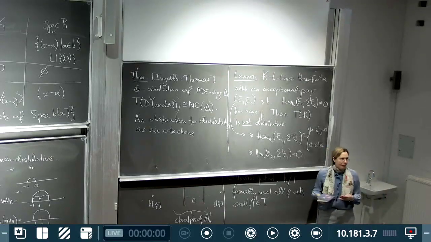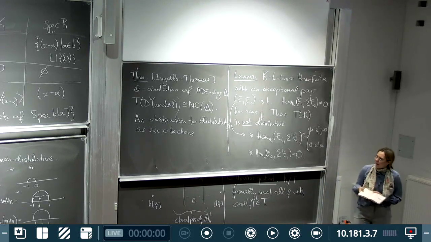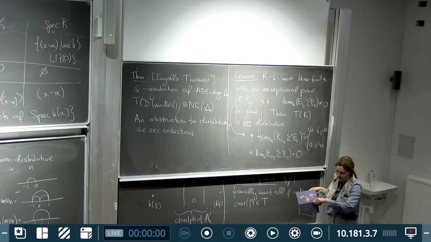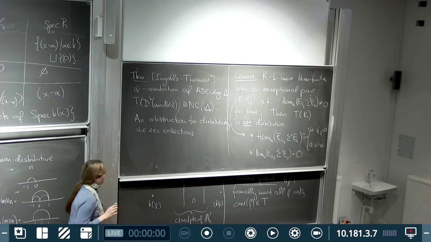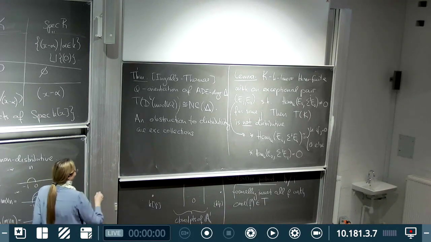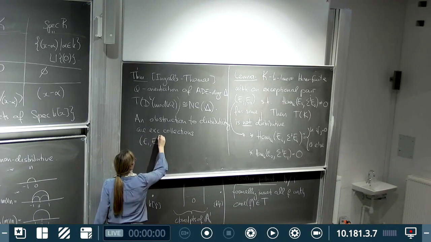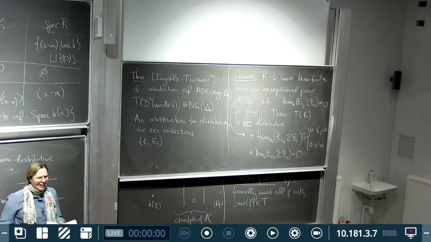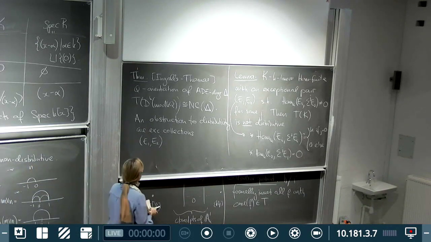So that's an exceptional pair. Well, exceptional pairs in particular give you exceptional collections, give you examples of subcategories. But what is the idea here? And I think I have just 2 minutes to very briefly tell you what the idea is. So you have your exceptional pair E1, E2, and there is a process of mutation of an exceptional pair, which you can formalize and say what that is.